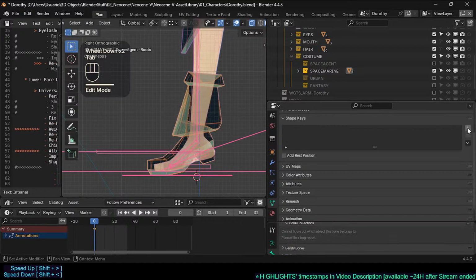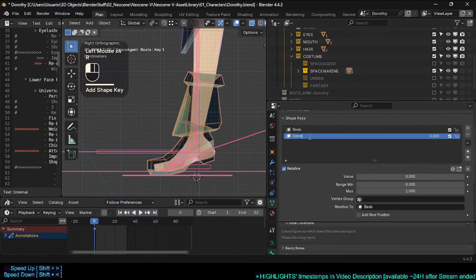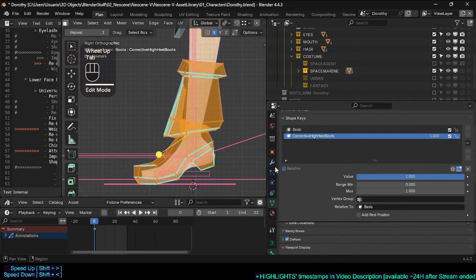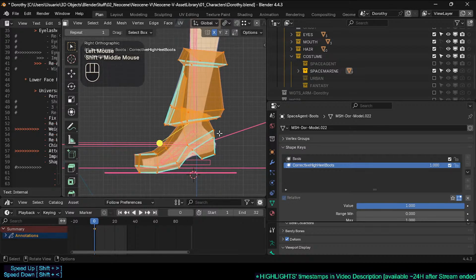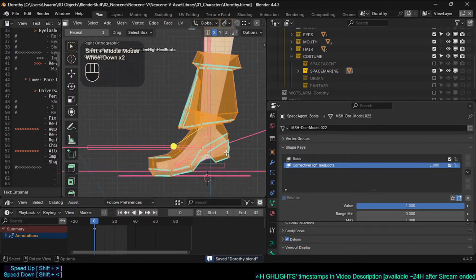Then we're gonna add shape key, so corrective high heel boots. So we're gonna maximize here, use this, and not all modifiers have this support for shape keys, but the armature modifier has.